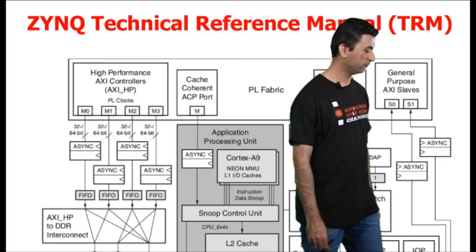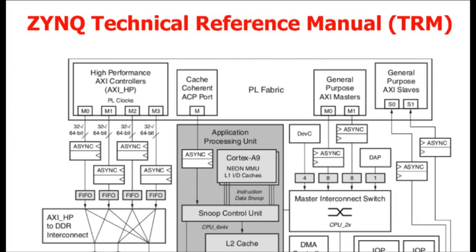So, we go ahead with a system level view of the ZYNQ device. At the top, we have the PL fabric. And as you can see in the PL fabric, we have first high performance AXI controllers. Then we have the cache coherence ACP port.